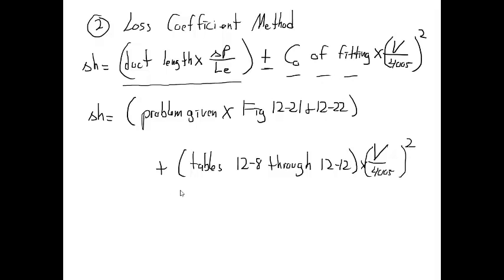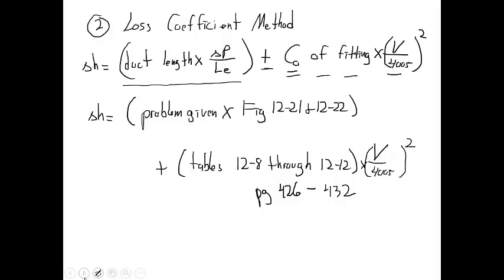The fittings losses are associated with several different tables, and those tables start on page 426 and go through page 432. All the tables do is give you a coefficient, and what you do is add all the coefficients together and then multiply it by the velocity pressure.